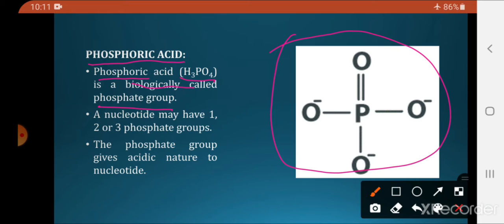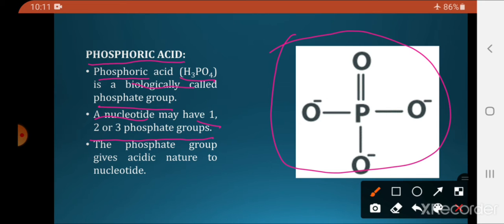Okay. Now, a nucleotide may have 1, 2 or 3 phosphate groups. न्यूक्लियोटाइड के अंदर एक फॉस्फेट ग्रुप भी रह सकता है, 2 भी रह सकते हैं, या मैक्सिममली 3 phosphate groups will be present. When we talk about ATP, ATP consists of 3 phosphate groups.